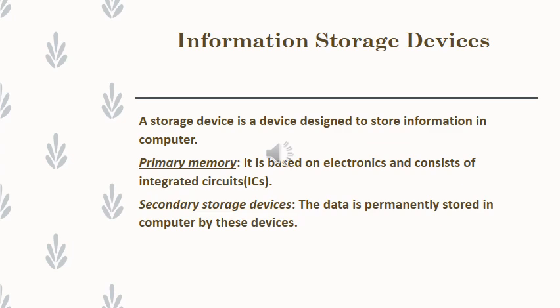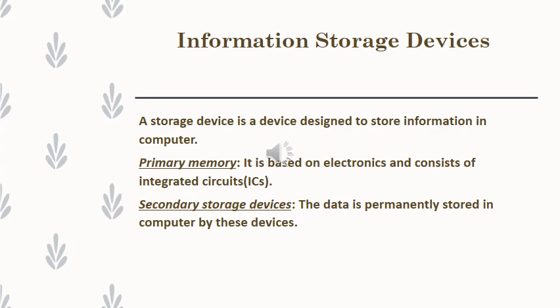First of all, what is primary memory? It is based on electronics and consists of integrated circuits consisting of two parts, RAM and ROM. RAM is random access memory in which you can store data temporarily, and when the computer is switched off, the data vanishes.